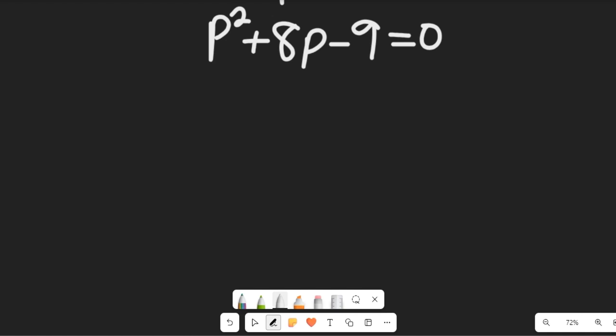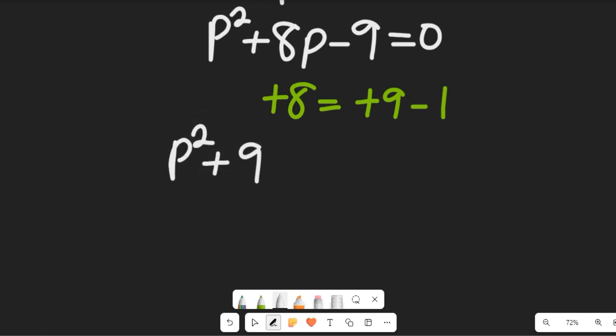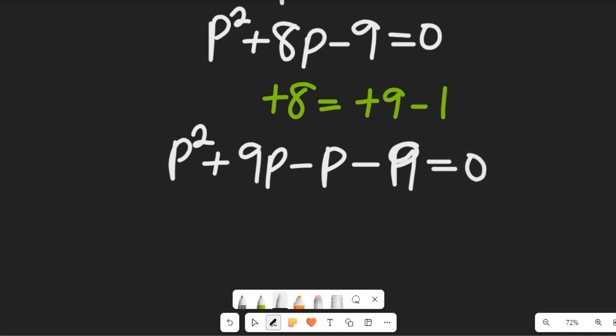To solve that quadratic expression, I want to consider 8 to be equal to plus 9 minus 1, right? So that expression will now give me p squared plus 9p minus p minus 9, and that will be equal to 0. Great.